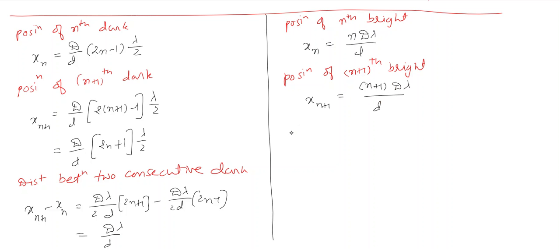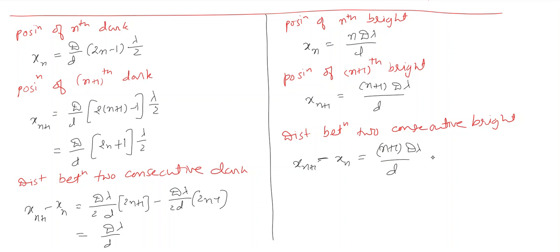So what is the distance between two consecutive bright fringes? Take the subtraction of the previous two results, xn plus 1 minus xn. And at the end we end up with the same result. So the distance between two consecutive dark or bright fringes remains the same, it is D lambda by d. So that was the topic. Thank you.